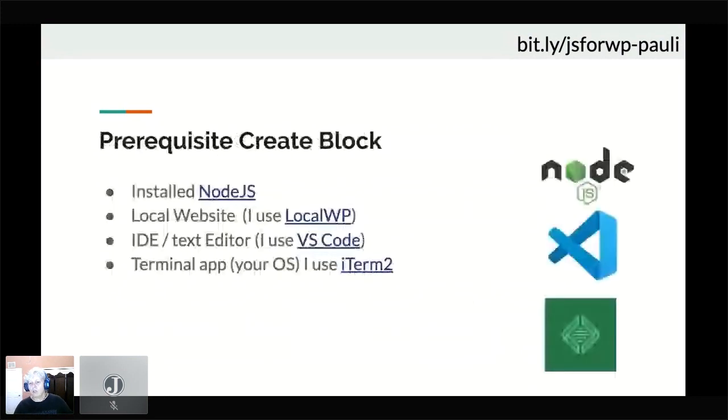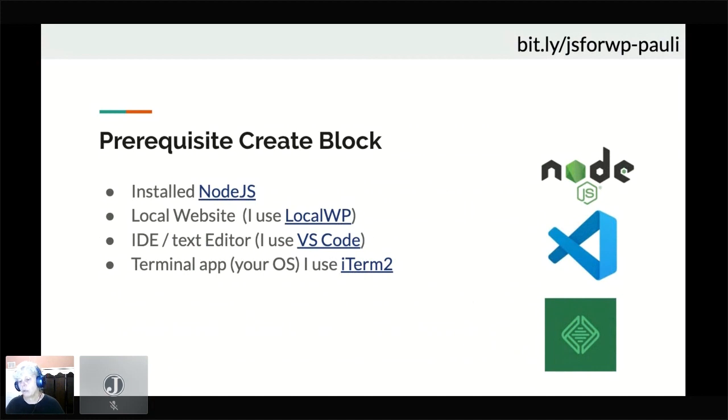What you need as a prerequisite for using the Create Block scaffolding tool is Node.js installed on your computer. If you're already doing some development with Gutenberg or with headless, you probably have that already installed. You also probably have a local website tool that gives you a WordPress site where you can develop.